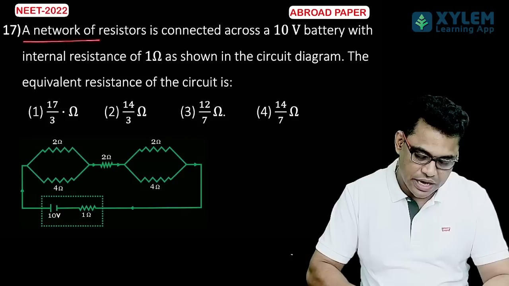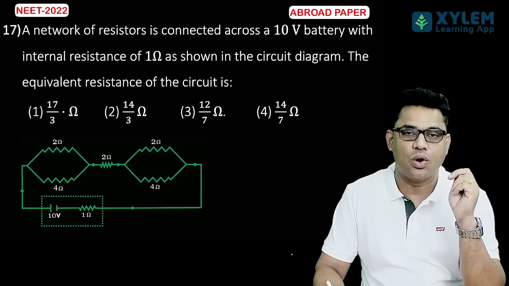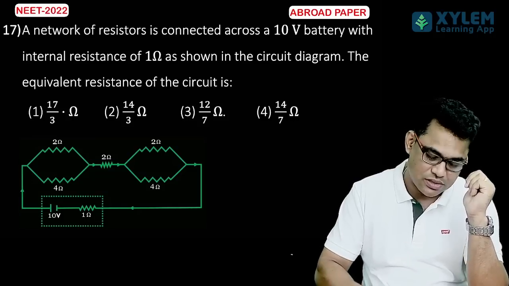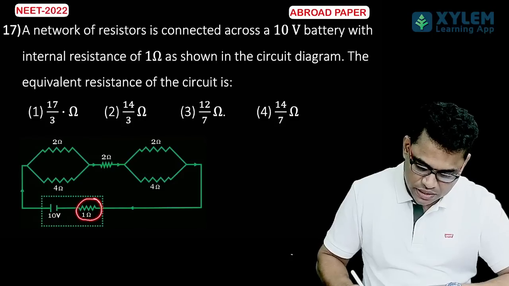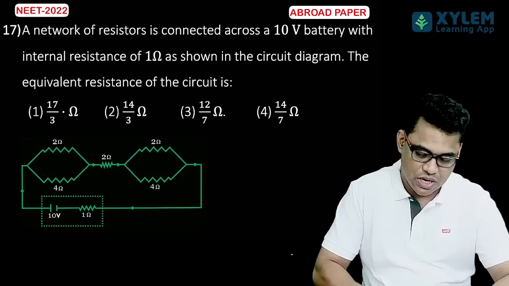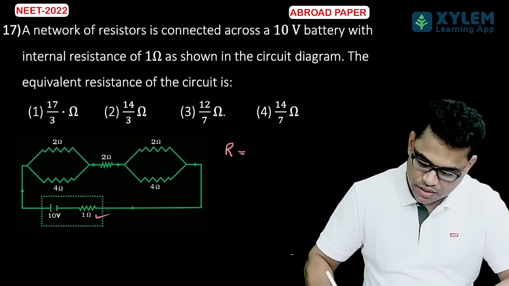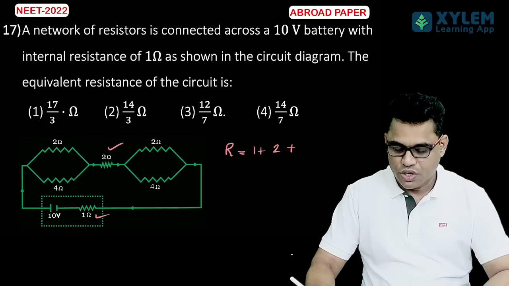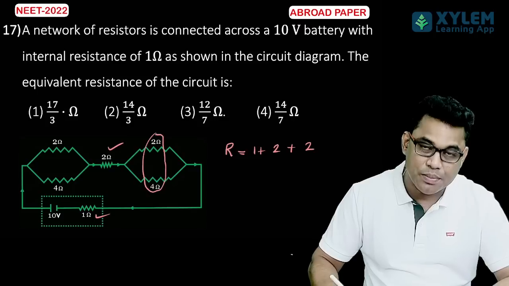17th question. A network of resistances is connected across a 10 volt battery with internal resistance of 1 ohm as shown in the circuit diagram. The equivalent resistance of the circuit is. This is a simple circuit. We need to find out the equivalent resistance. See here, this 1 ohm, this 2 ohm and this combination are in series. Therefore, equivalent resistance R is equal to 1 plus 2 plus R1 R2 divided by R1 plus R2.